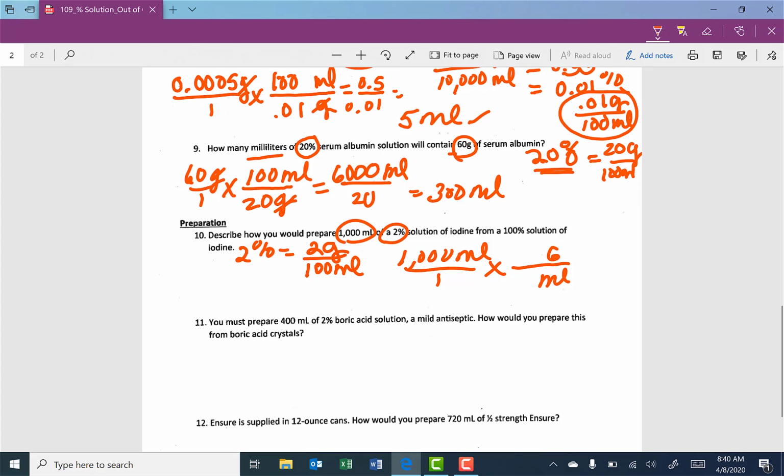We have 100 and we have 2 grams, multiply across, and you're going to get 2,000 grams over 100 milliliters, which equals 20 milliliters.